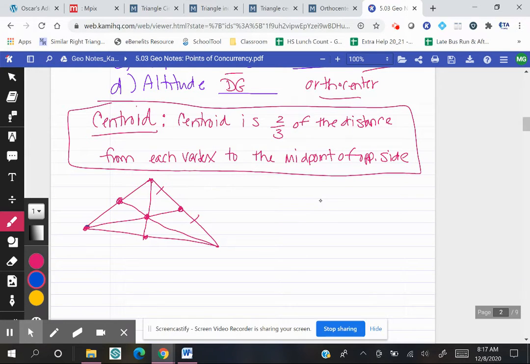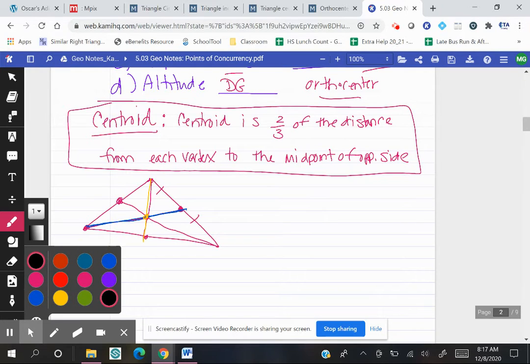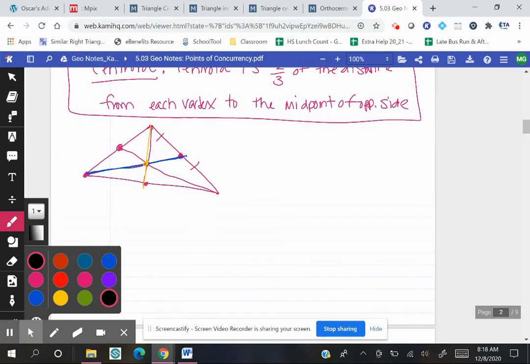If I'm looking along this median right here, the centroid is 2/3 the distance from the vertex to the midpoint. So from this whole segment, that's 2/3 of the way if you start at the vertex. Here, on this median, the centroid is 2/3 of the way along from the vertex along that segment. So that's our 2/3 rule. So it divides it up into some ratios.